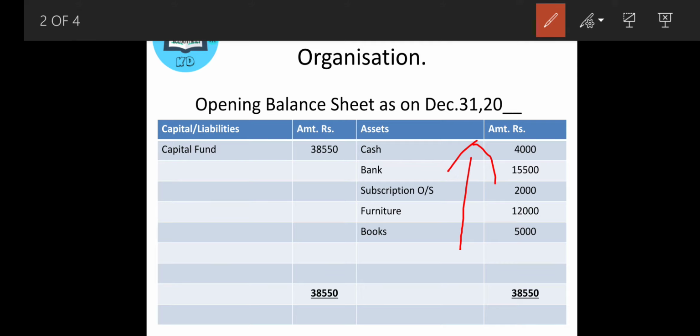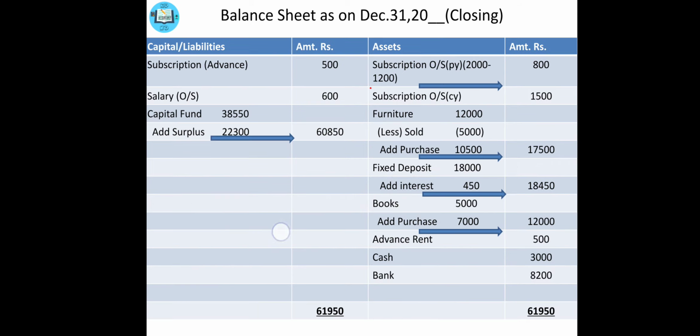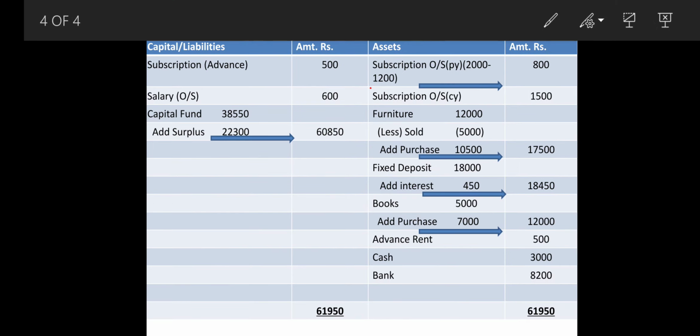Obviously it is seen that the asset side is greater. So the asset side total is 38,550, and the difference you arrive at is 38,550. That is termed as capital fund. Transfer this capital fund to the closing balance sheet, 38,550. Seen? I have made a tick mark.